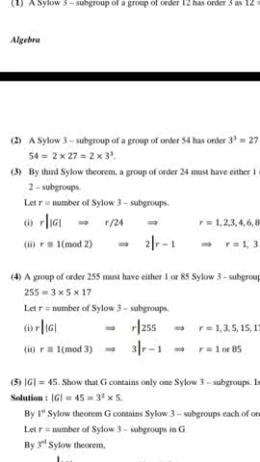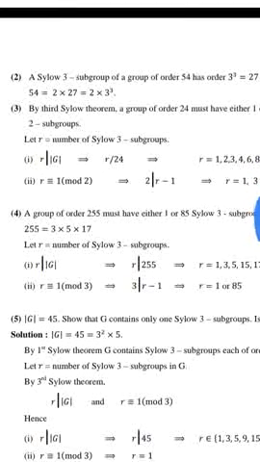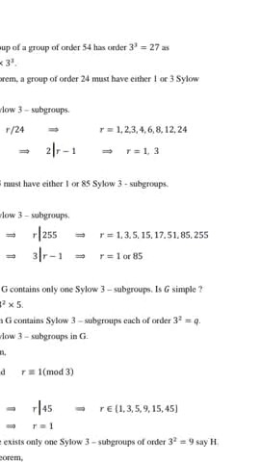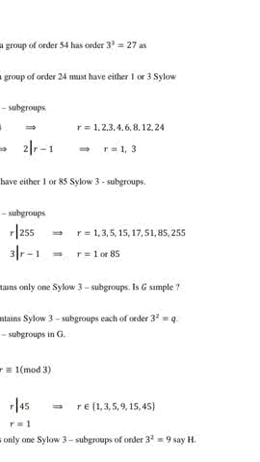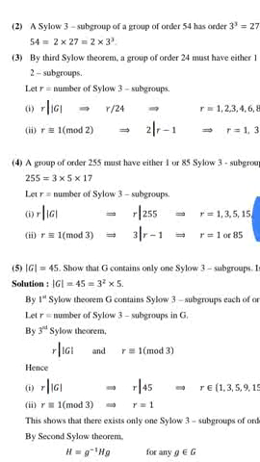255 is equal to 3 multiply 5 multiply 17. Let R denote the number of Sylow 3 subgroups. Therefore, R divides the order of G. Therefore, R divides 255, where R is equal to 1, 3, 5, 15, 17, 51, 85, 255.